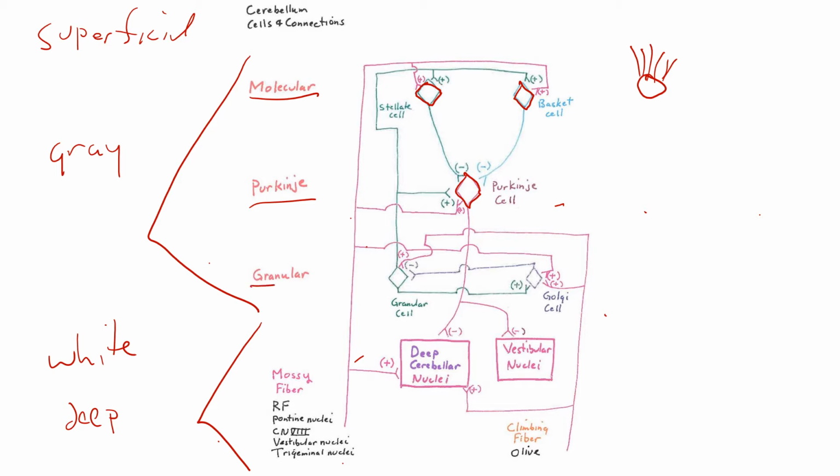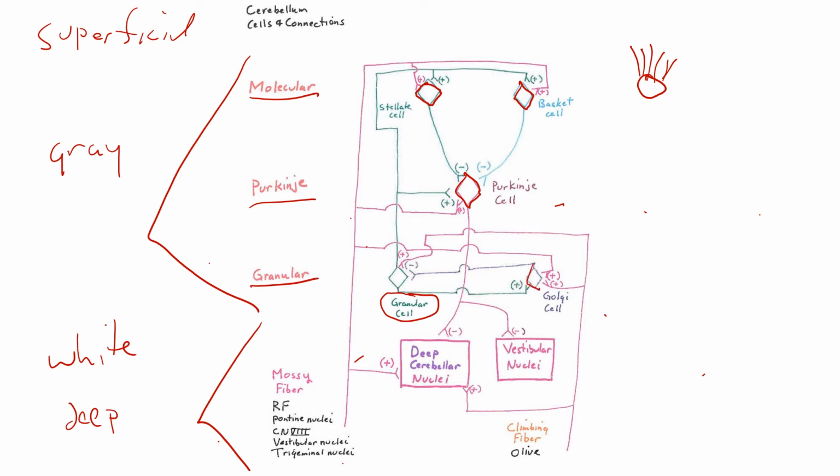And then finally, we have the granular layer. The granular layer is going to be made up of 2 cells. First of all, granular cells. The granular cells get their name because of their cytoplasm. They have a lot of Nissl bodies in their cytoplasm that gives them a granular appearance.